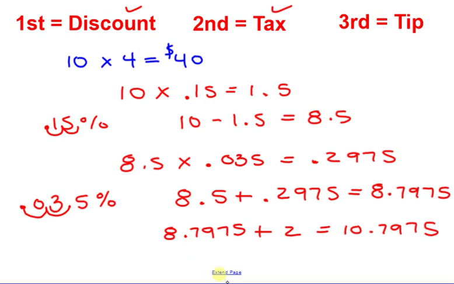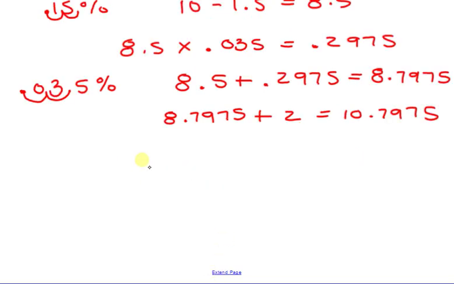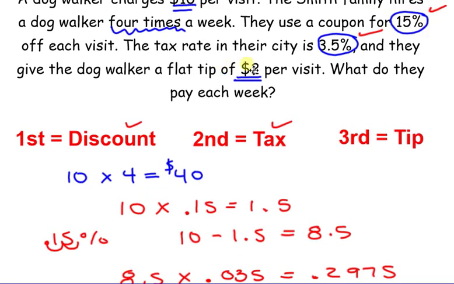So we need to take that number and multiply it times 4. We do not round yet because it's not our final answer. So 10.7975 times 4. So go ahead and multiply that, and you should get 43.19. So $43.19. And let's just go back. So we did our tip. And guess what?